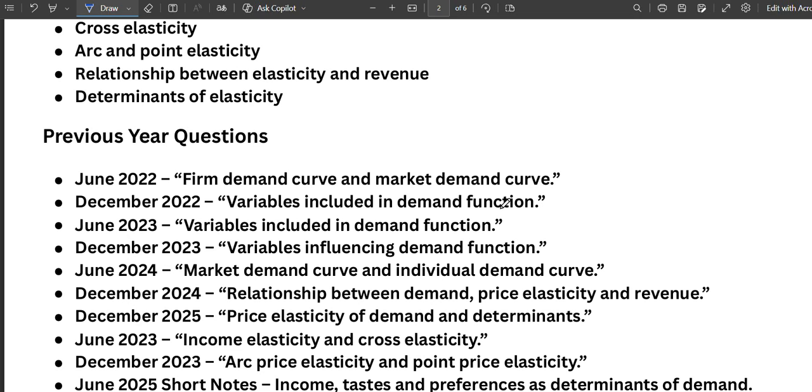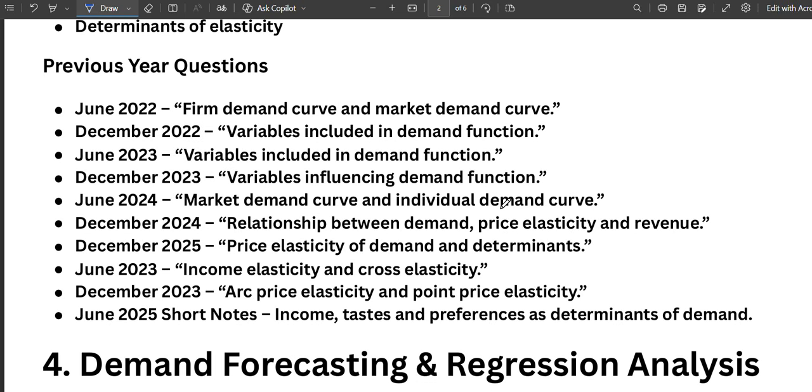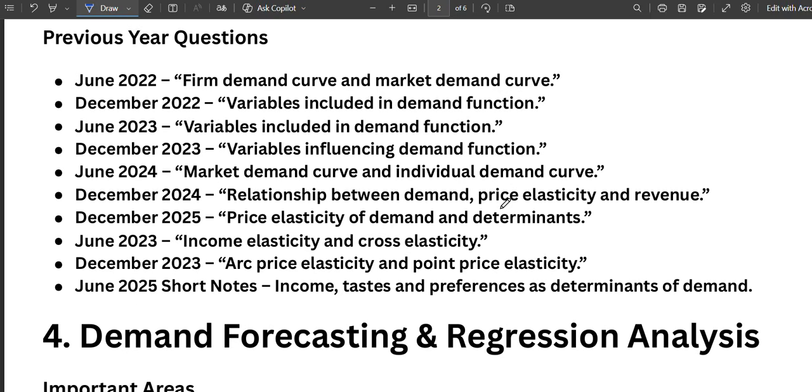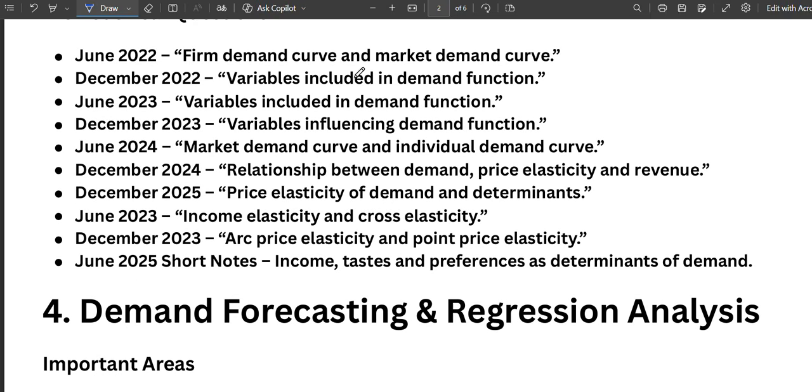If they ask these kinds of questions, don't forget to draw the curve graphs. That will increase the marks, and if you don't draw the graph, it can reduce the marks. What are the variables included in the demand function? These questions have been repeated.